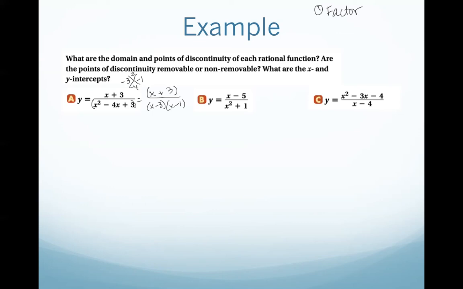That means those cannot reduce, okay? They cannot reduce because x plus 3 and x minus 3 are two completely different numbers. So this does not reduce, so it has non-removable discontinuity.